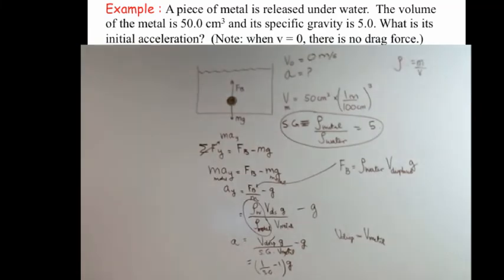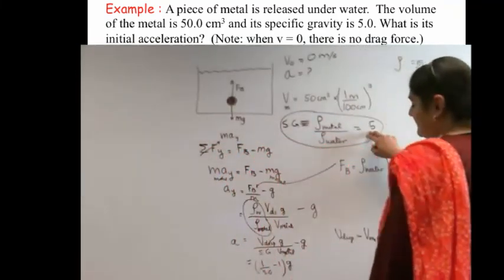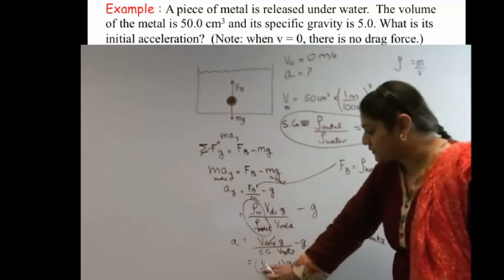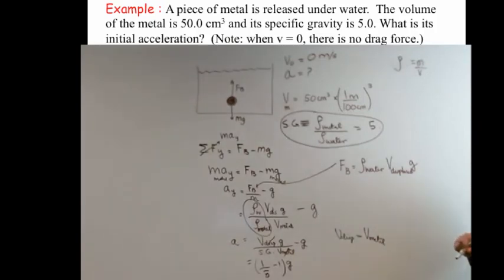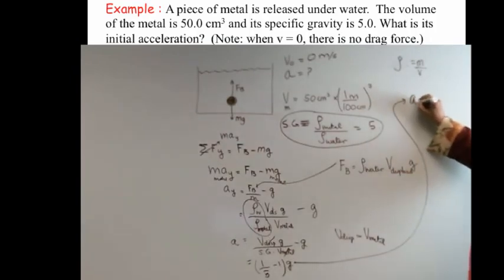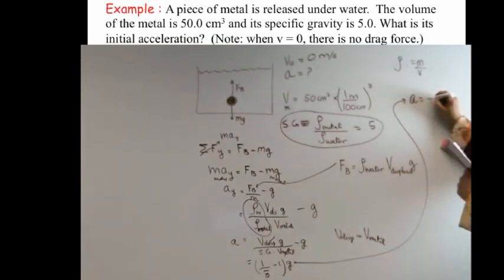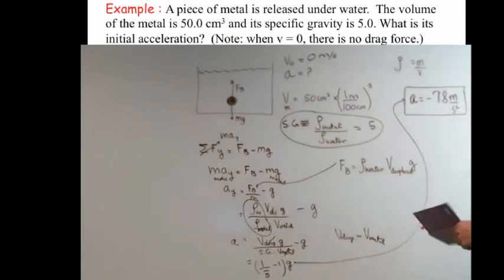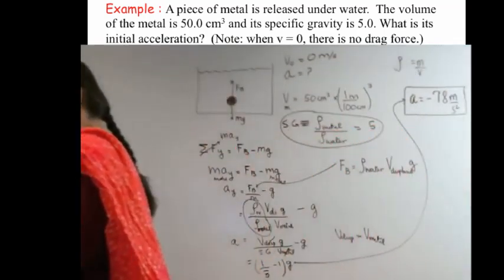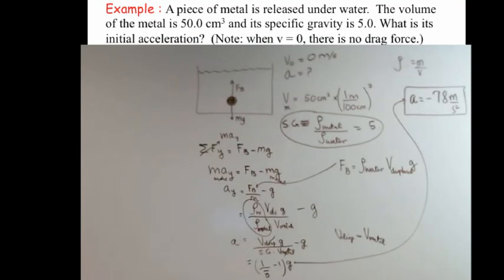The specific gravity is given to be 5, so I literally have to plug in 1 over 5 minus 1 times G. Which, when I solve it, I get acceleration to be equal to minus 7.8 meters per second squared. And that is what my initial acceleration is going to be.